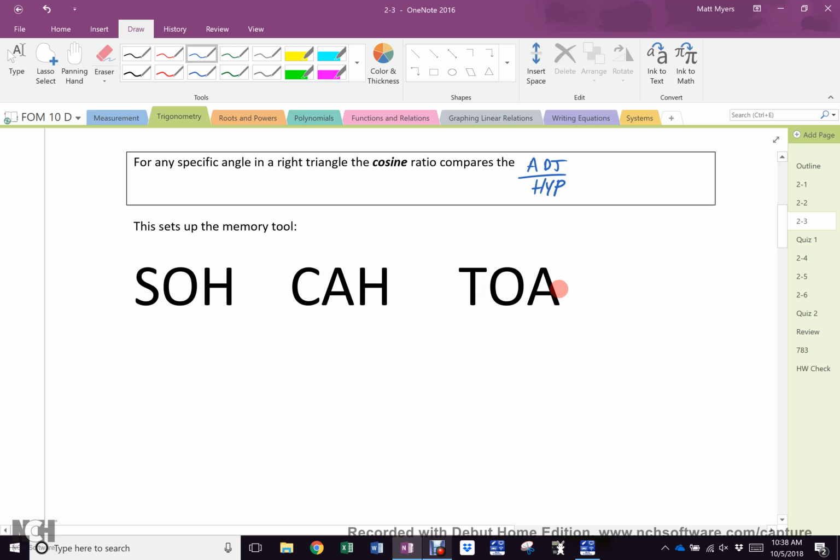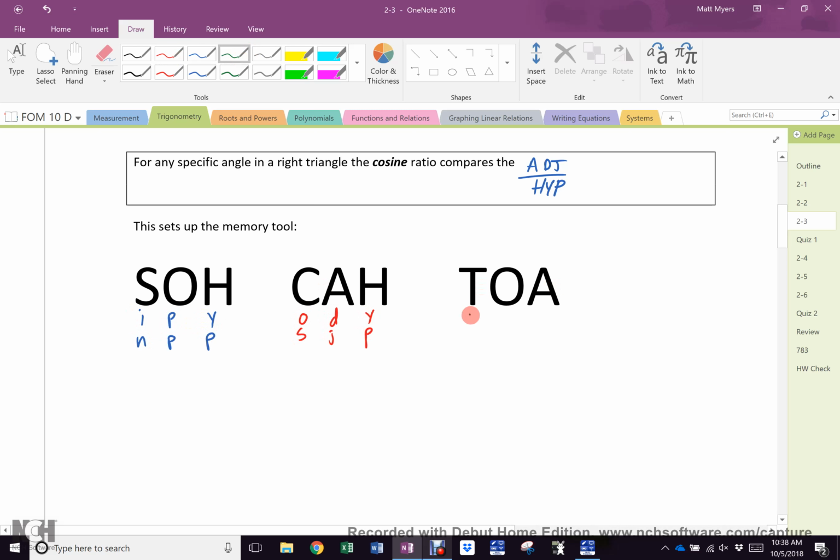This is a fake word. It doesn't mean anything. It's just to remind you that the sine is the opposite divided by the hypotenuse. The cosine is the adjacent divided by the hypotenuse.